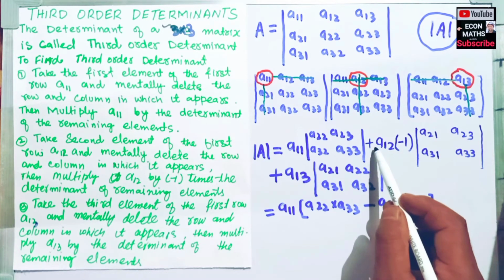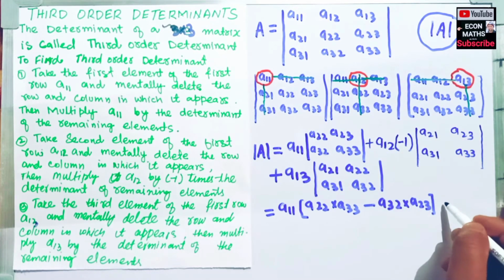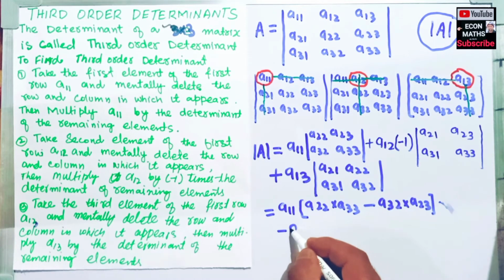Now here A12 times -1, so this will become minus A12.